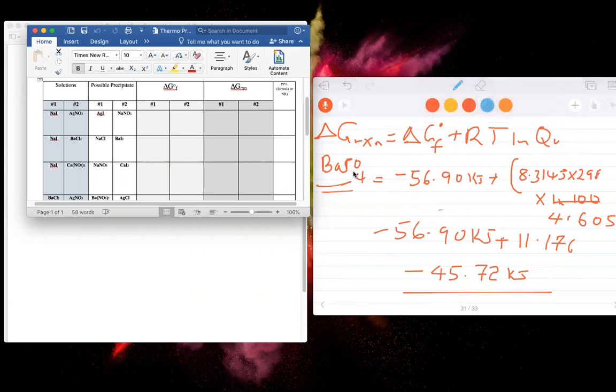In some cases, you'll end up with positive. That means there's no precipitation reaction. You have to write no precipitate or NR. If you end up with negative, you have to step back and retrace your calculation.